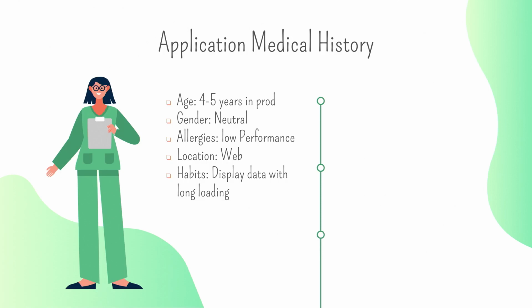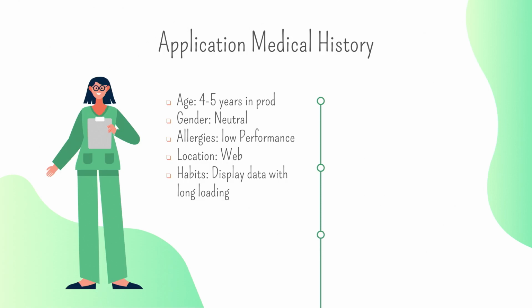Okay, so let's take the following application as an example. I have an application that has been in production for 4 or 5 years, because it's a web application, and my application is deployed thanks to Firebase, Supabase, or Heroku, anything else, any provider, I don't care. Okay, but my application has some illnesses.